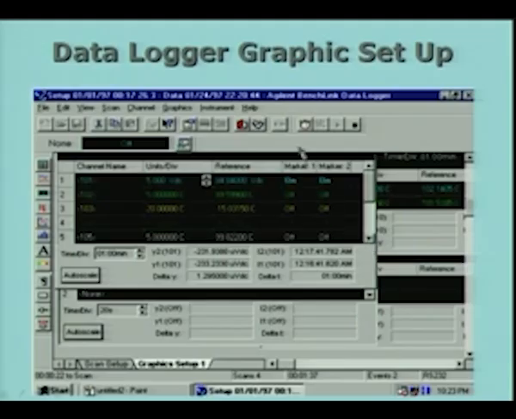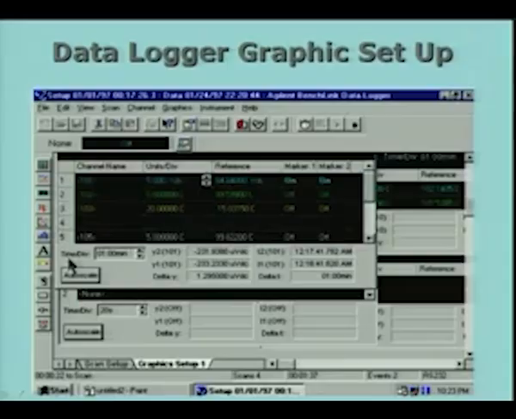So, let us look at the data logger and see what it can do. What I have done is I have taken the Agilent data logger. Hewlett Packard is the manufacturer of this one, and what I have shown in this slide is the graphics setup. That means that you can set up several channels and you can see the channels are named. It is not very clear on the monitor, but this is channel 1, let us say this is channel 2.